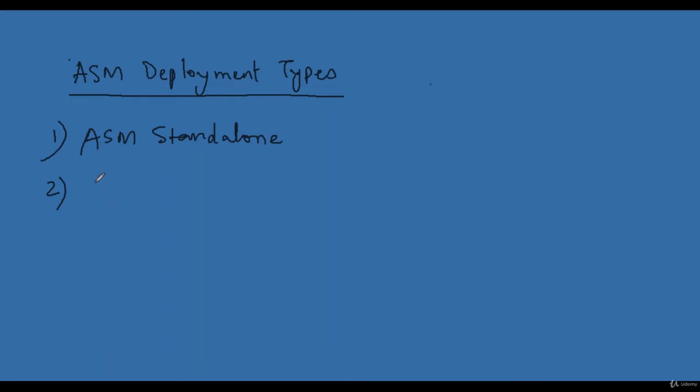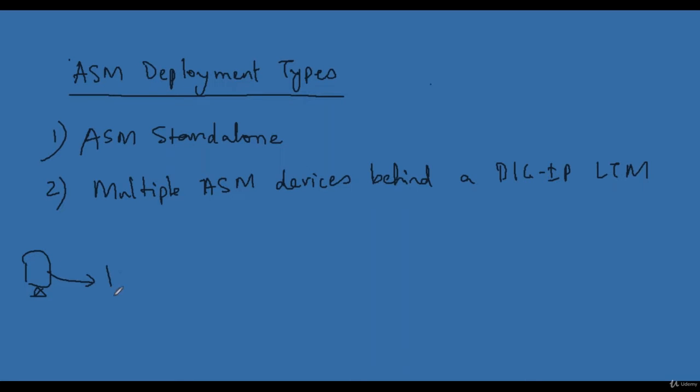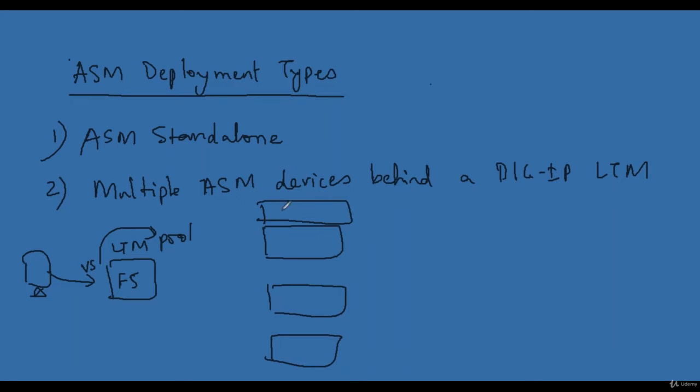Then you might have multiple ASM devices behind a BIG-IP LTM. So this would be something like, let's say this is the client, and the incoming traffic is coming to your F5, which is your LTM. This is the virtual server, which will be mapping to a specific pool. And in this pool, you will have a different set of ASM appliances.